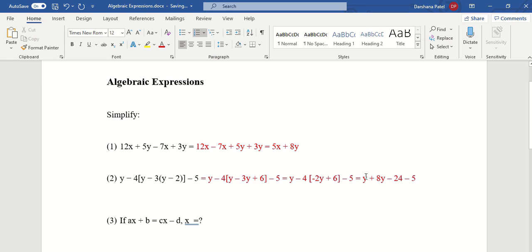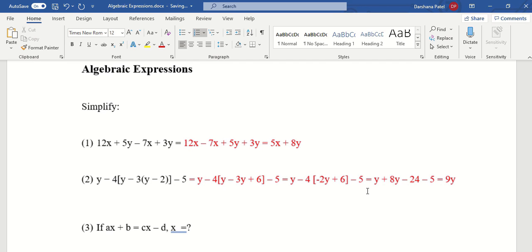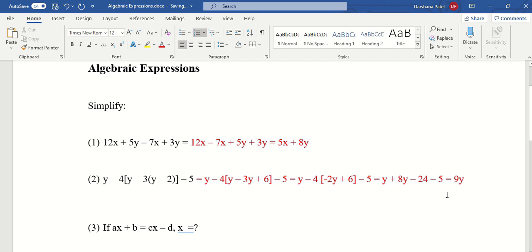Now collecting like terms, y plus 8y will simplify to 9y, and negative 24 minus 5 will simplify to negative 29. So the result will be 9y minus 29.